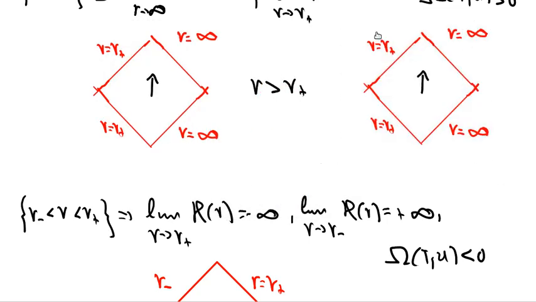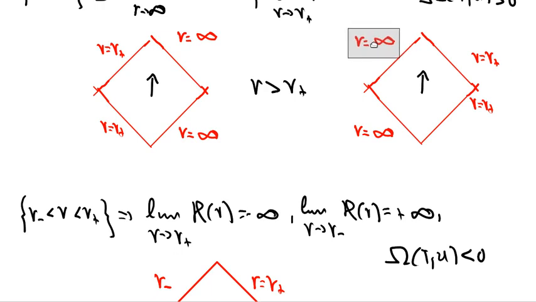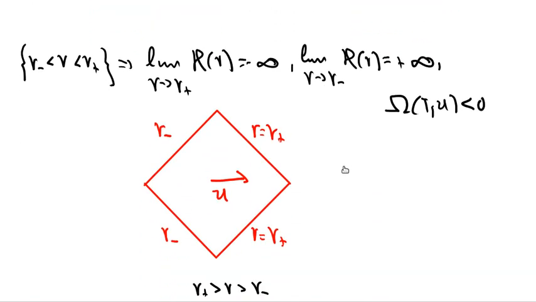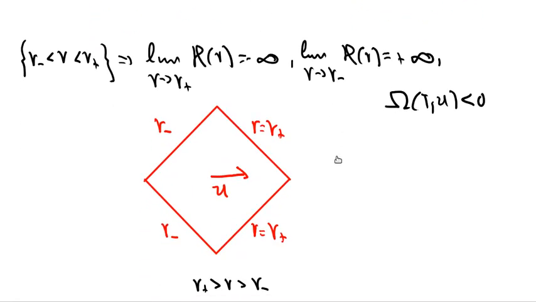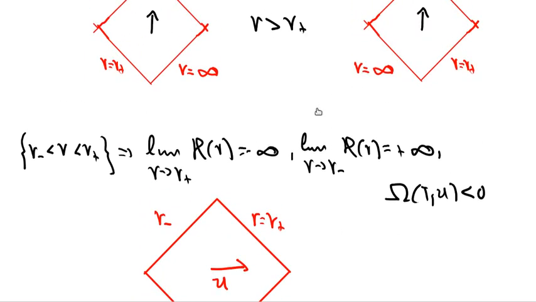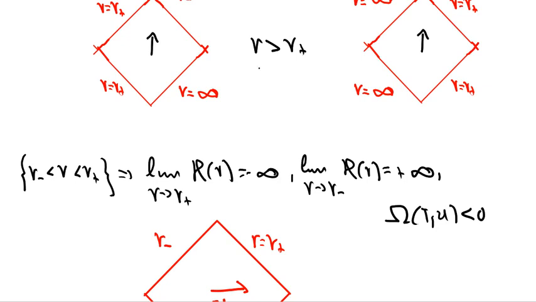We have to swap some labels. And that's what we get. And here, by doing the transformation to minus u.